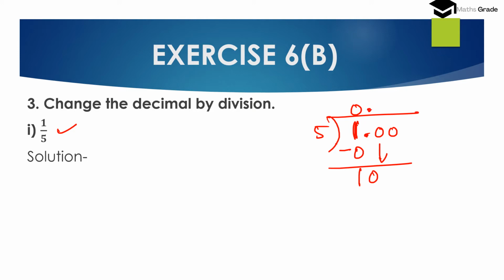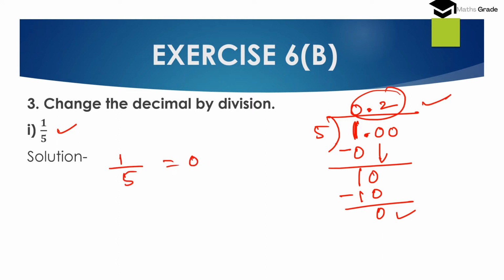Now in the table of 5, if we multiply 5 with 2, we get 10. Now 10 minus 10 is 0. So 1 divided by 5 is 0.2. And this is the division method. We have converted the fraction 1 divided by 5 into decimal by the division method. So 1 divided by 5 is 0.2.